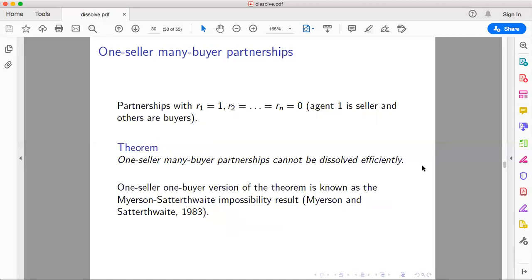So why don't we just use the Vickrey auction or something like that in this case? The Vickrey auction will not be budget balanced, right? Why not? One is paying and one is getting, so what is transferred is balanced. But you have to remember that if you do a Vickrey auction only amongst the buyers, that will not be efficient, because there is also a seller's value in this model.